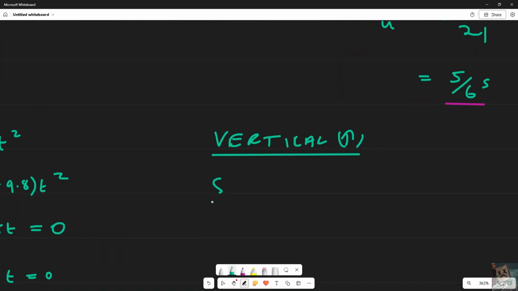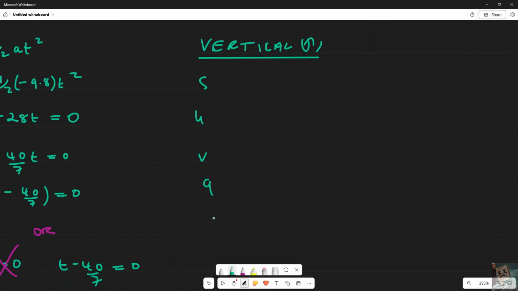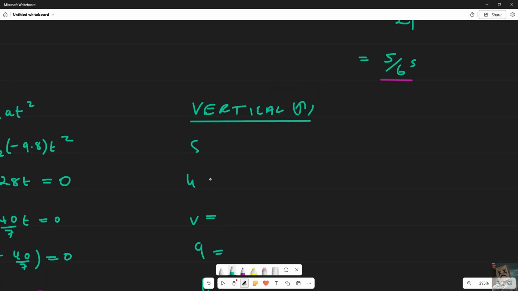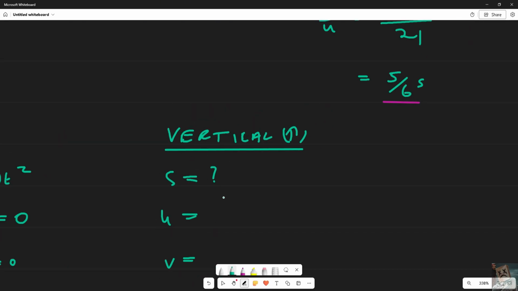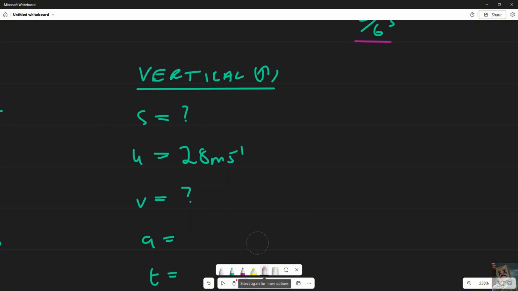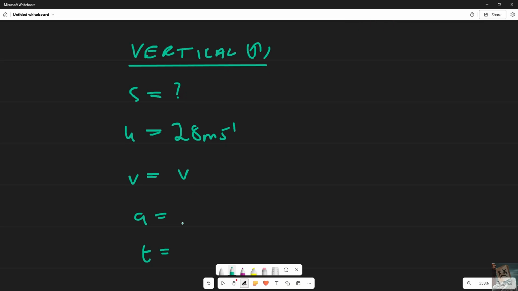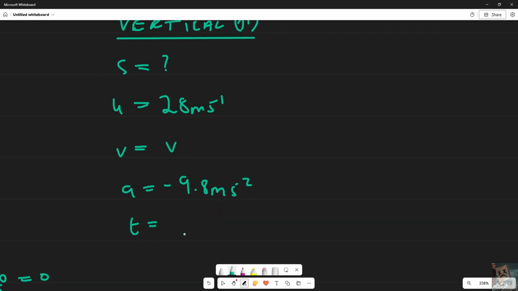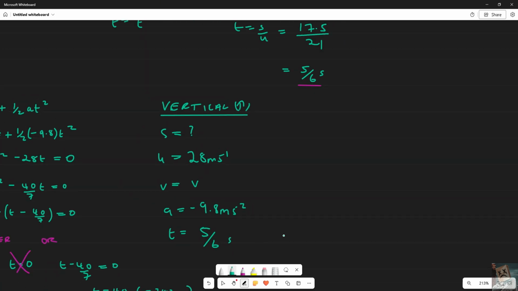Vertically, so S U V A T, SUVAT. Sorry, that looks a bit like a 9. So the S we don't know. U is 28 meters per second. V is all we want to find out, so we leave that as V. Acceleration will be minus 9.8, because up is the positive direction. And then T is 5 over 6 seconds.